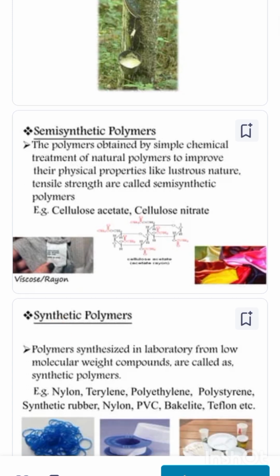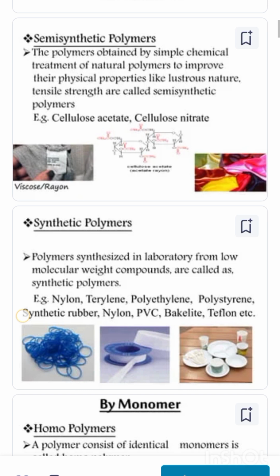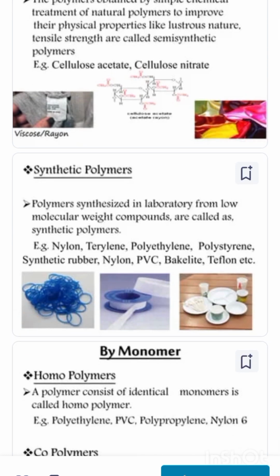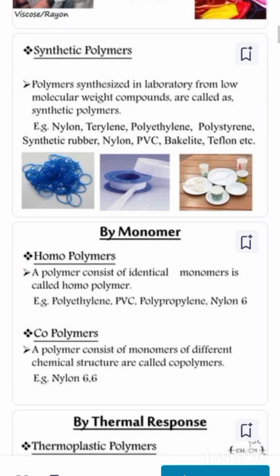Example, cellulose acetate, cellulose nitrate. Synthetic polymers. Polymers synthesized in a laboratory from low molecular weight compounds are called synthetic polymers. Example, nylon, terylene, polythene, polystyrene, synthetic rubber, PVC, etc.